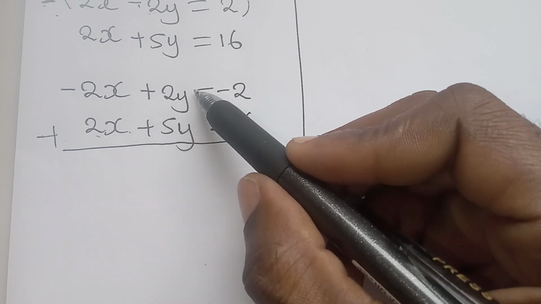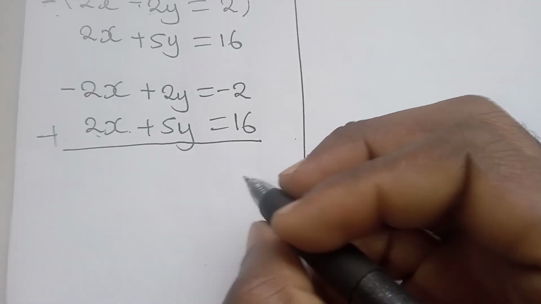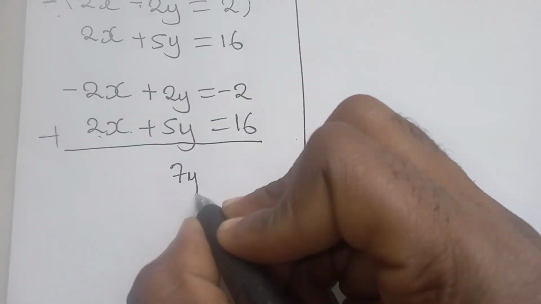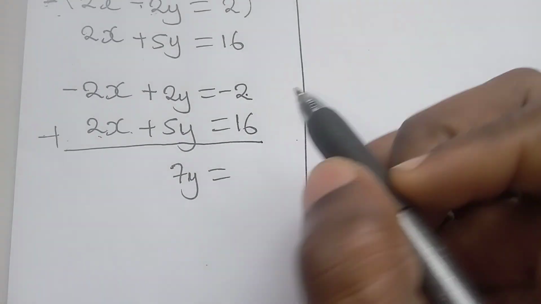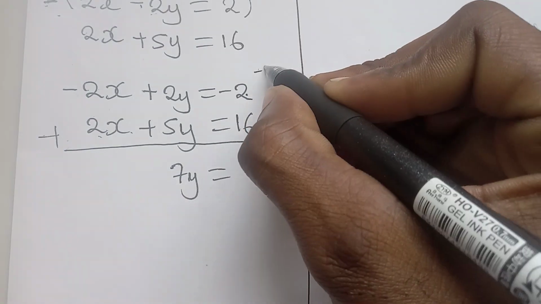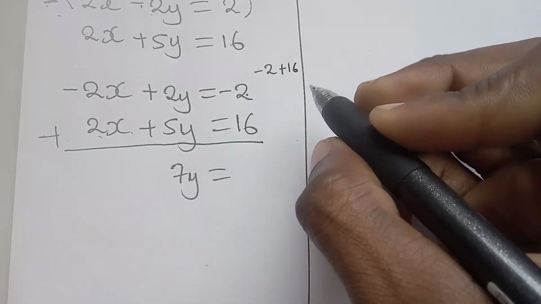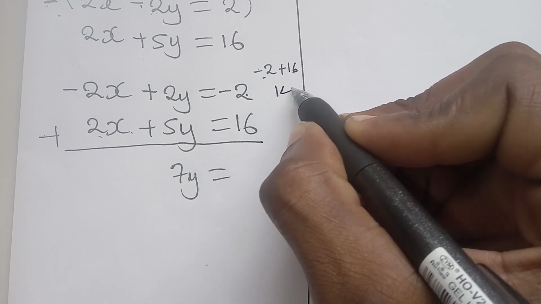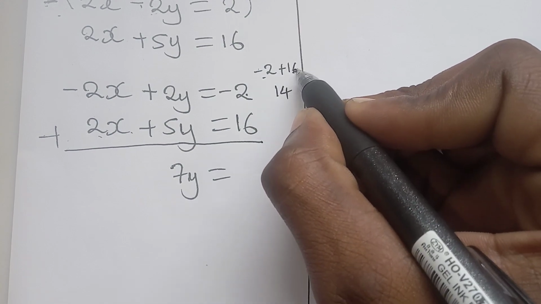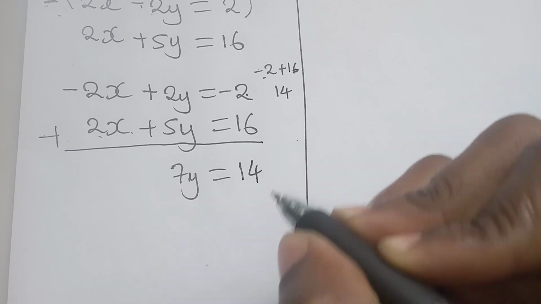And then you have 2y plus 5y, this is 7y. And then negative 2 plus 16, where you have different signs, you subtract and then you get the sign from the bigger number. So we have a 14.